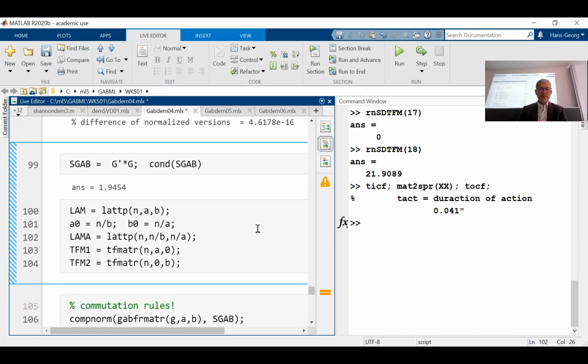But the first thing is that I'm verifying an interesting property of the Gabor frame operator. First I'm demonstrating that it is commuting with all the time frequency shift operators which correspond to the lattice that we have.